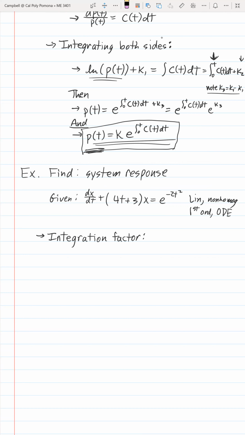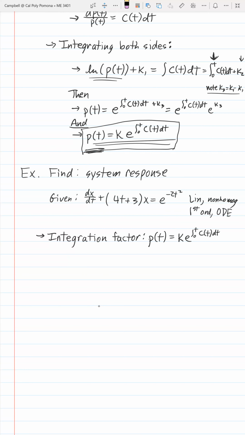So the integration factor, P of t, in this particular case: we have two sub-steps. We find P of t first, and then we find our x, specifically x of t. So P of t is equal to, just writing it down generally, k e to the integral from 0 to t of c of t dt.